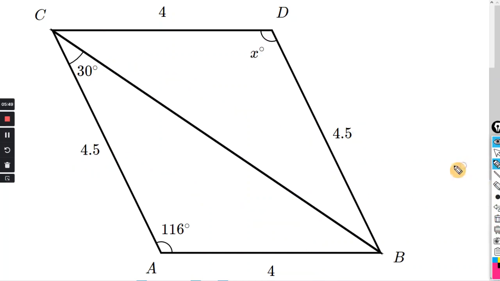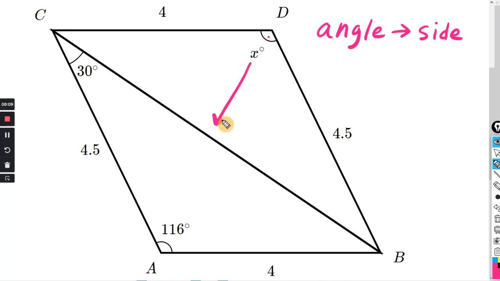In this case, I am going to try the other way and go from angle to side. In the previous problems, I went side to angle. Now I'm going to try going from angle to side. So x is the one that's missing. That's this angle here. If I go across, that's this side right here.